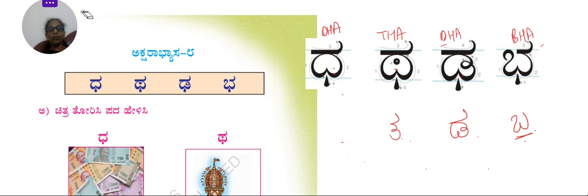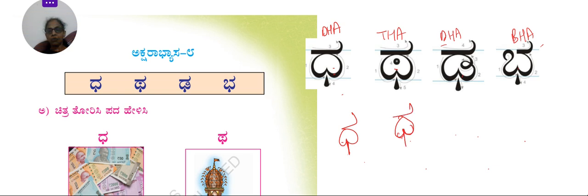Now let's see how to write them. It is very simple. We already know how to write Da. You write Da and put a line under. Where there is a curve here, at that point you put a line down. That's the only difference. So Dha will have one line extra down.